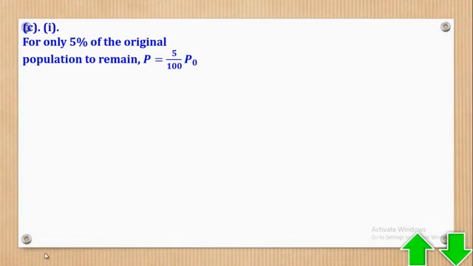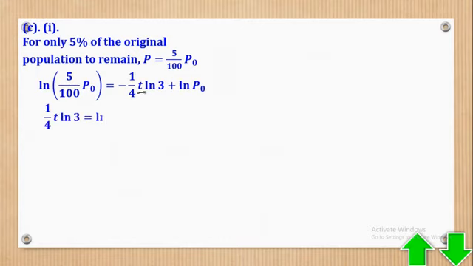So you are coming and say that for only 5% of the original population to remain, P will be equal to 5 over 100, because 5% is the same as 5 over 100, P naught. Therefore, come and substitute for P and look for a way of getting the value of t.